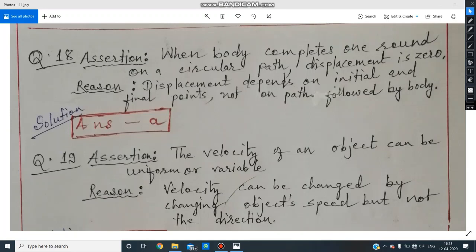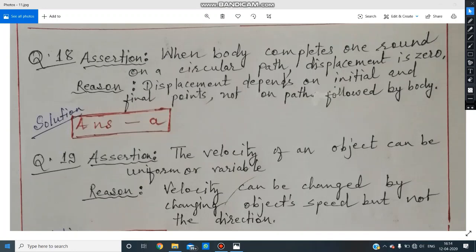Now, reason is explaining here the displacement depends on initial and final points only. It doesn't depend on path followed. You follow any path between initial and final points. It will simply depend on whether initial and final points are two different points or the same point. If initial and final points are the same point and the path is even any longer path, definitely displacement will be zero.